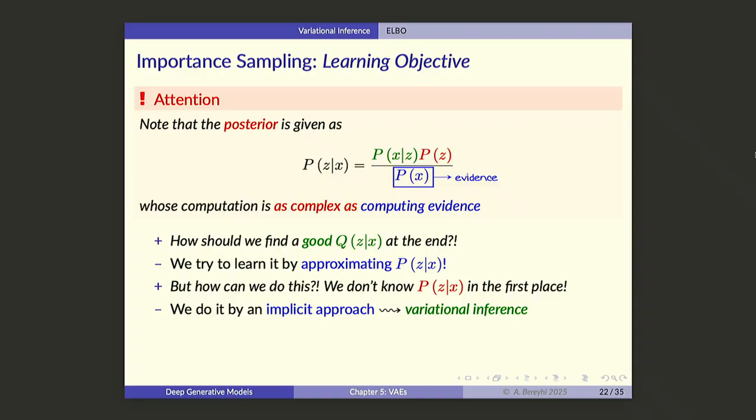Because, for instance, when we talked about the general maximum likelihood training, we said we want to minimize the KL divergence between our model distribution and data distribution. But we ended up with the fact that we really don't need to know the data distribution itself if we want to minimize that KL divergence or estimate of it. So the same thing we can do here.